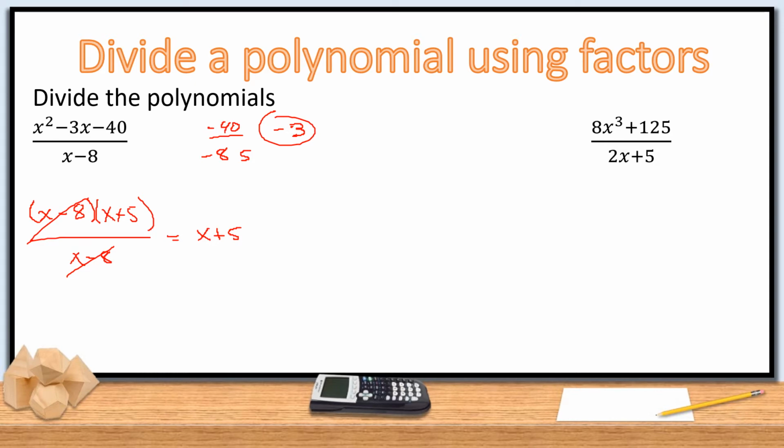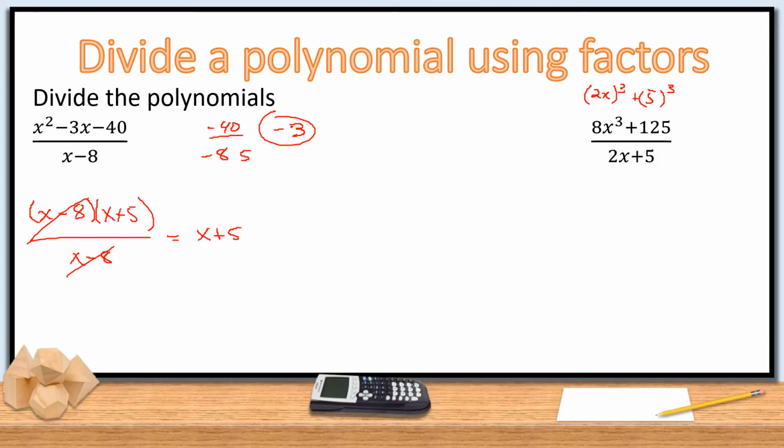On the second one over here, we have 8x cubed plus 125. Now, you should have some little bells going off in your head, because 8x cubed plus 125 is set up very uniquely. That reminds me of something. And it should remind you from our last lesson that this is 2x all cubed plus 5 all cubed. This is the sum of two cubes, which can be written in factored form.